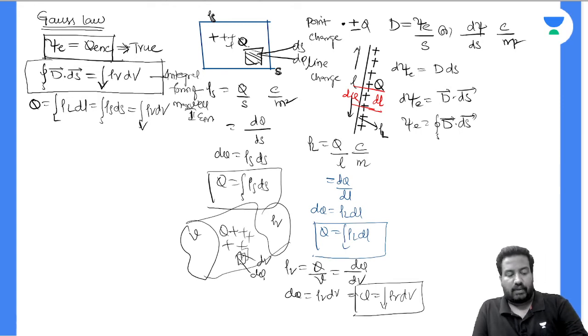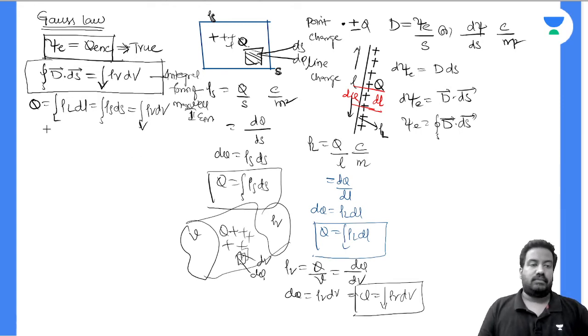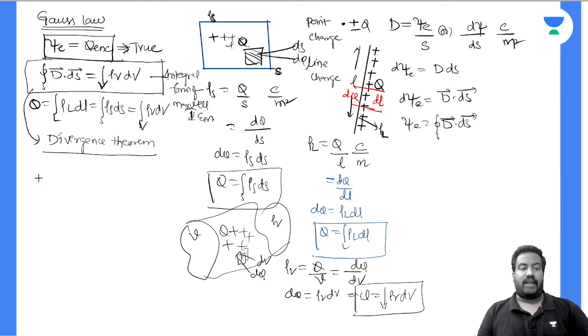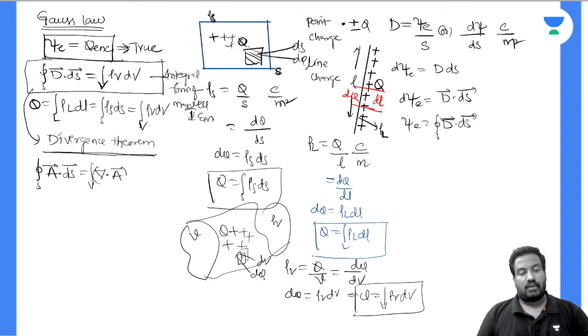Good. Now, if you apply divergence on LHS, what is divergence theorem, dear? Divergence theorem is closed surface integral of A dot ds is equal to volume integral of del dot A dv.